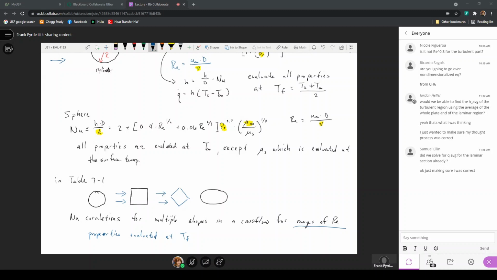So when we're working these kinds of problems, identifying all of the conditions that guide you to the appropriate correlation is all that we're doing. In the previous problems, before we got to chapter 6, heat transfer coefficients were just specified, and we used them.